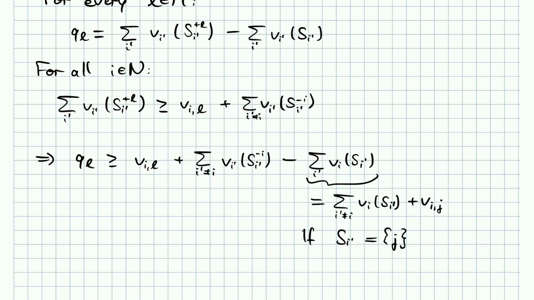What is it that is remaining here? What is remaining here is exactly the following: VIL minus Vij plus the difference of these two sums.